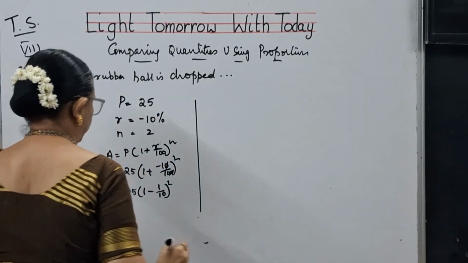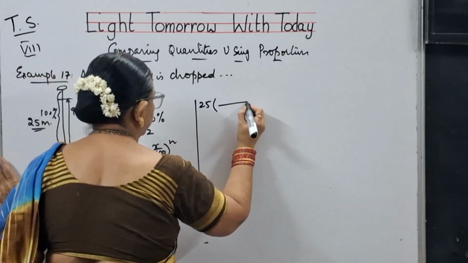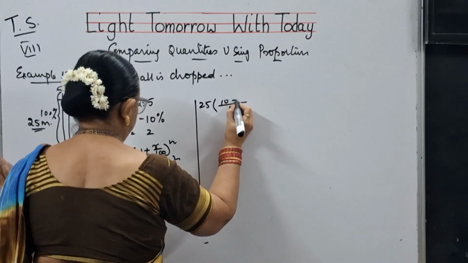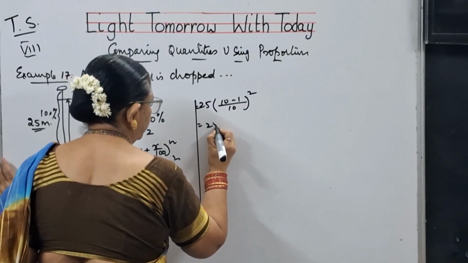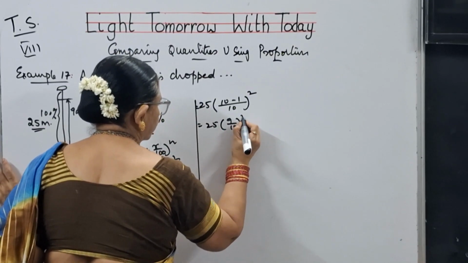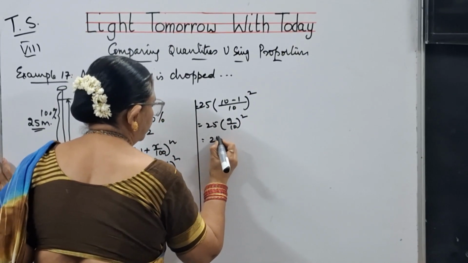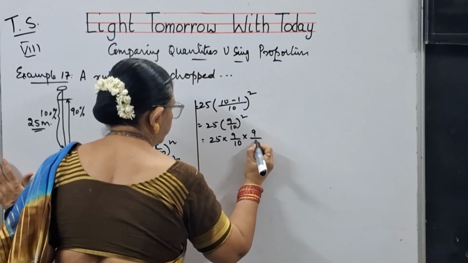This is 25 into, LCM 10 here, (10 minus 1) by 10 whole square. That is 25 into (9 by 10) whole square. That is 25 into 9 by 10 into 9 by 10.